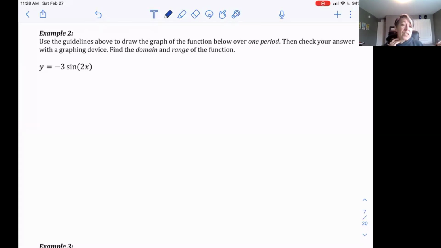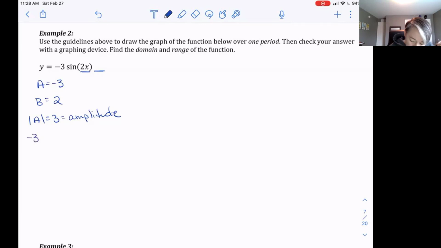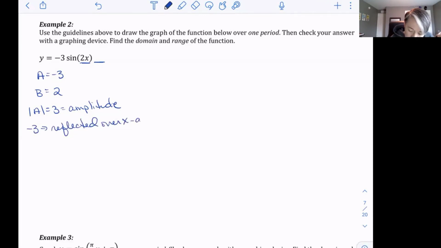We first want to see if we need to factor out our b, but notice there's no plus c or plus d involved. So all we are working with is an a value of -3 and a b value of 2. So remember, the absolute value of a, which is 3, is called our amplitude. The fact that it's a -3 means that it is reflected over the x-axis.